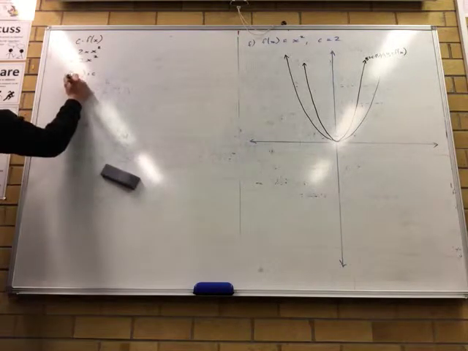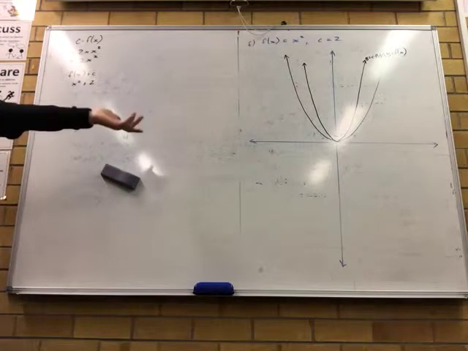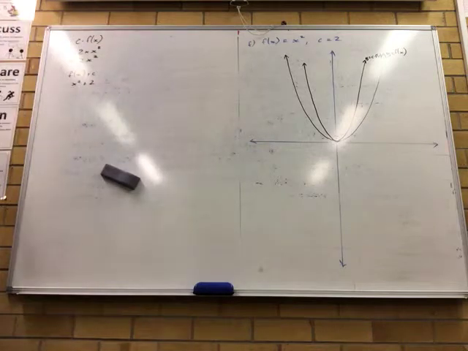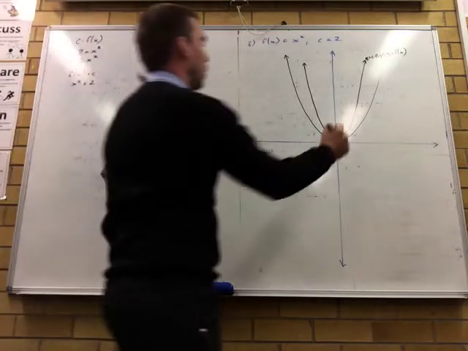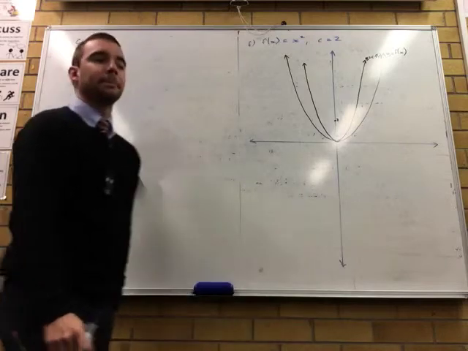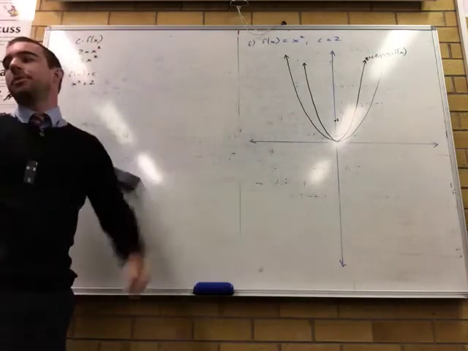So we have x squared plus 2. That means the original graph, f of x squared, shifts up 2 from its current position. So the y-intercept is at 2, and it's the same shape as the original function, up 2.